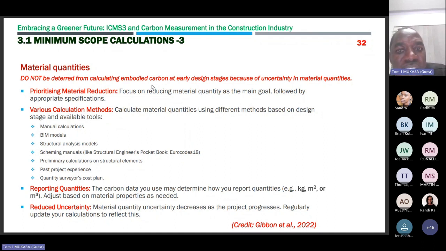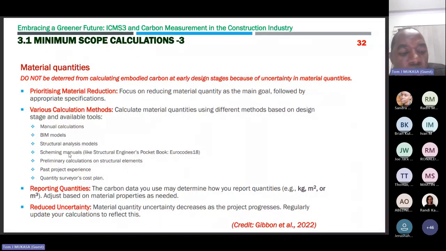Use whatever you have because it will help you to get a picture, and then you can always modify your design. So try to prioritize material reduction, and there are various ways you can do that: manually, using BIM models, using your structural analysis models, using your past experience. And last but not least, you can use a quantity surveyor's cost plan, that is, if it is going to come on time, okay?